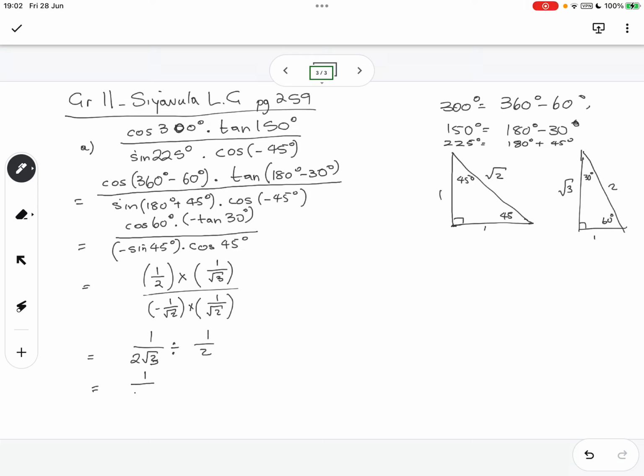And we are just left with 1 over the square root of 3 because 1 divided by 2 root 3, divided by 1 over 2, equals 1 over 2 root 3 times 2 over 1. These two are multiplicative inverses, so we're just left with 1 over square root of 3. And that is the answer.